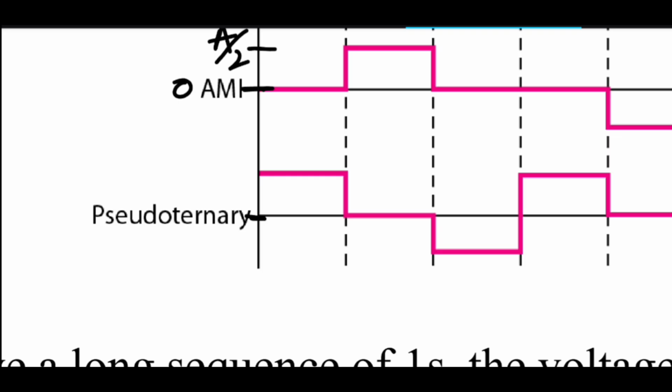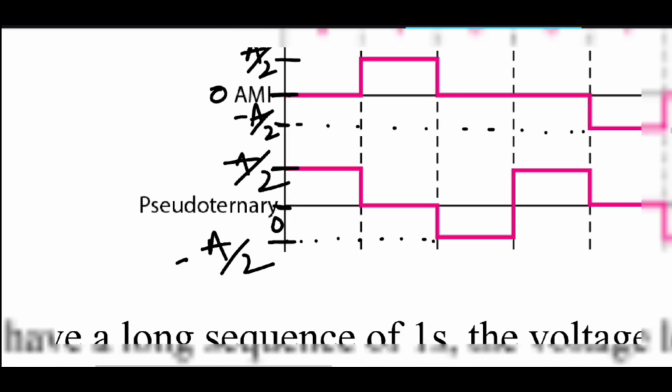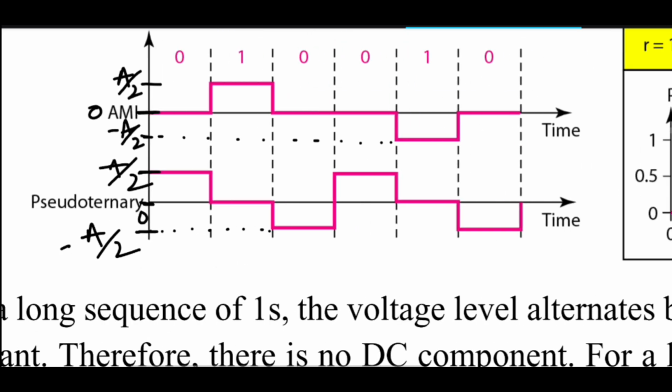This is our 0 and this is our A by 2. This is our minus A by 2. Okay. Then this is also our minus A by 2.